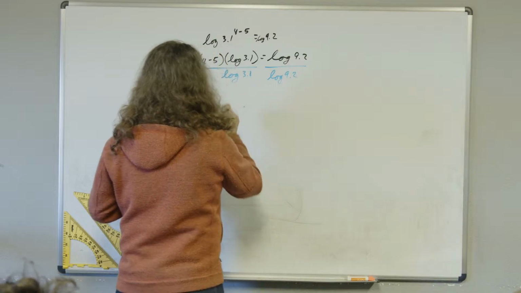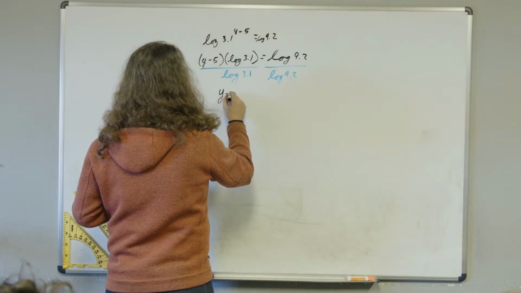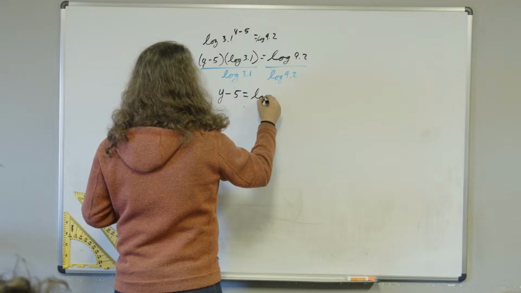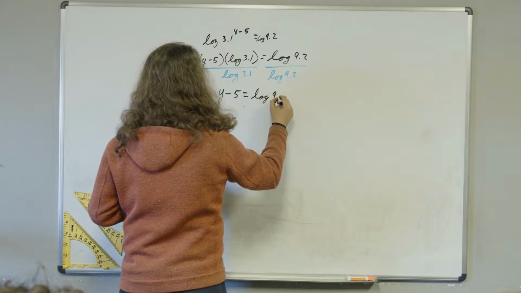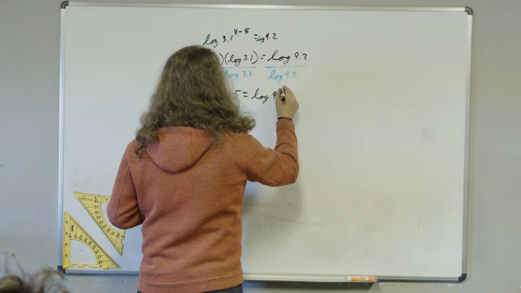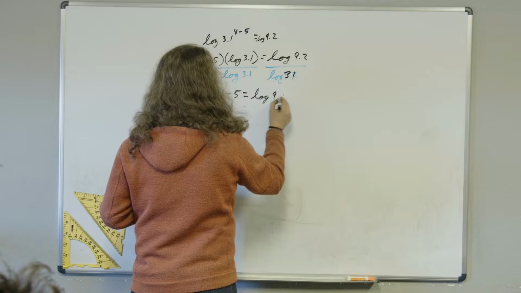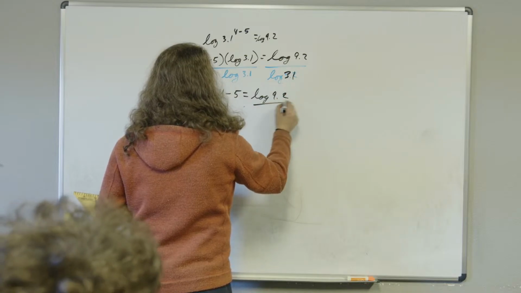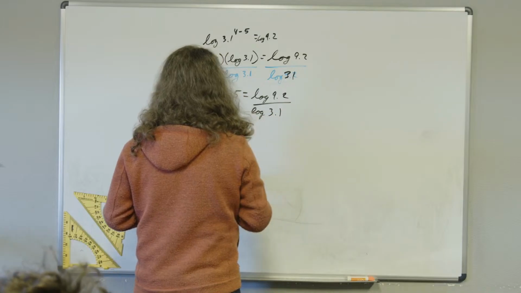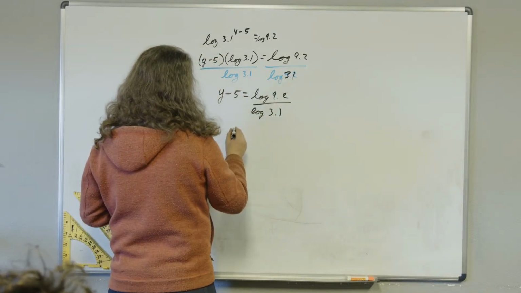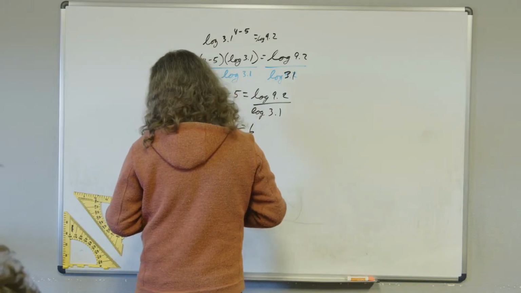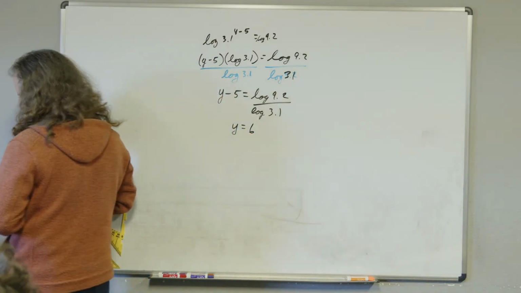All we have to do is add 5 back to whatever that equals. Just do it all in the calculator. And then we add 5. You end up with 6 something. 6.961.